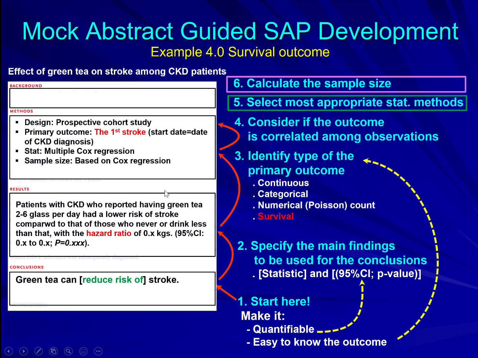So the survival outcome leads to the statistical method called Cox regression, and the coefficients of this give a hazard ratio. Interpret the same way as I put. I just wanted to avoid another complex issue for you, so I put it the same. And this leads to this conclusion.